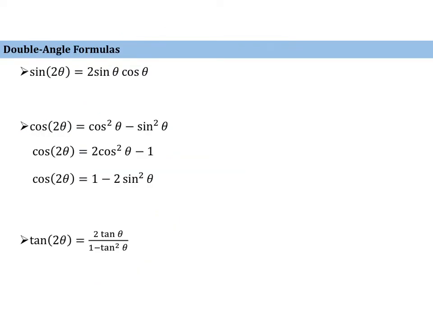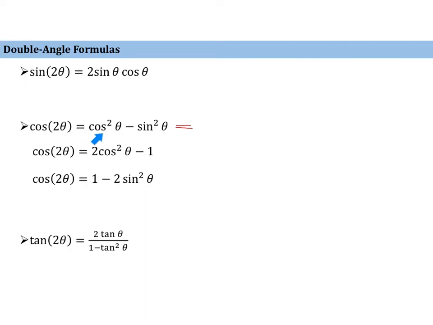So this yields for us more identities to memorize. So sine of 2 theta equals 2 sine theta cosine theta. But now, whenever we look at cosine of 2 theta, this is the one that we saw. Where did these two come from? Well, let's take a look first at cosine squared of theta minus sine squared of theta.